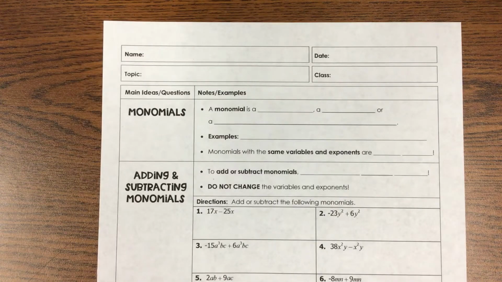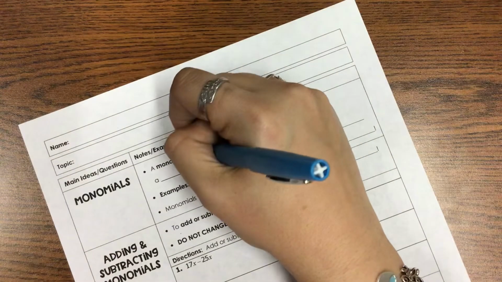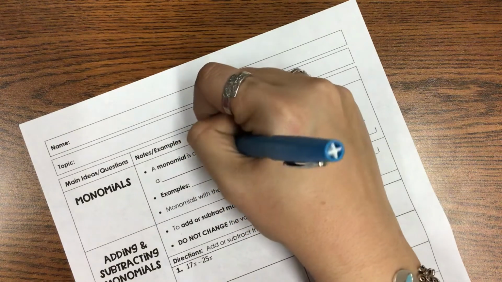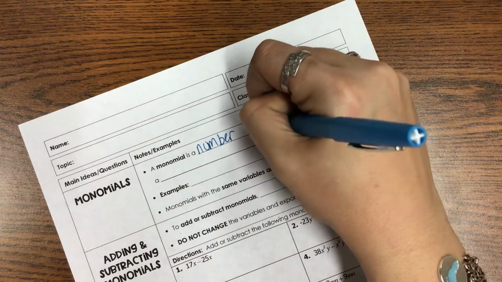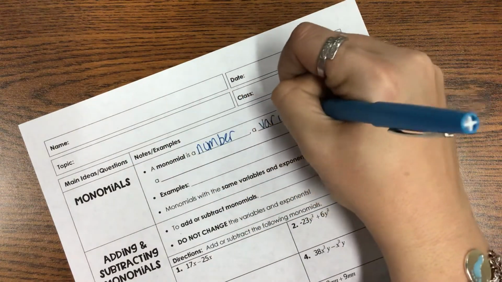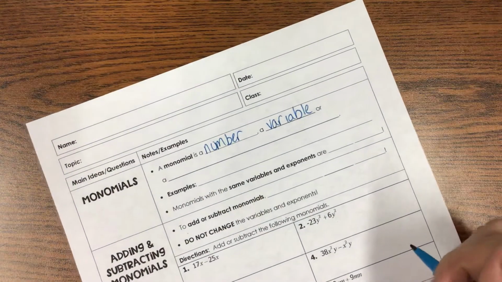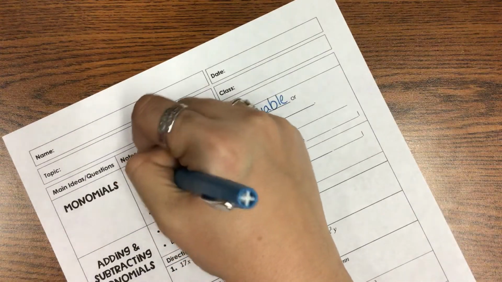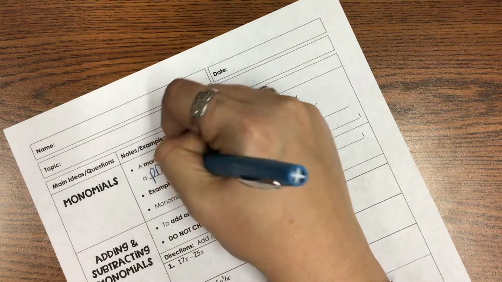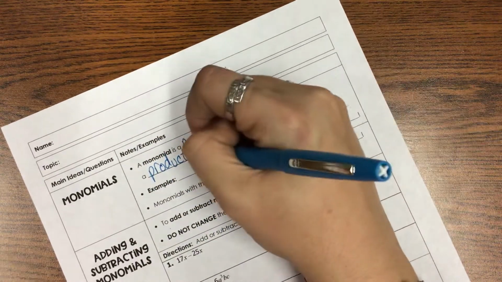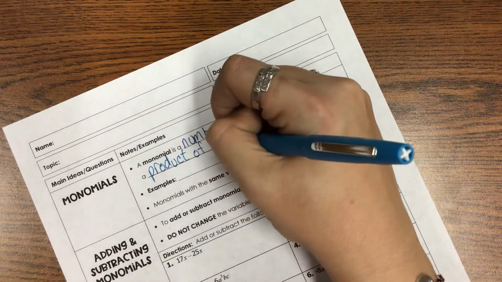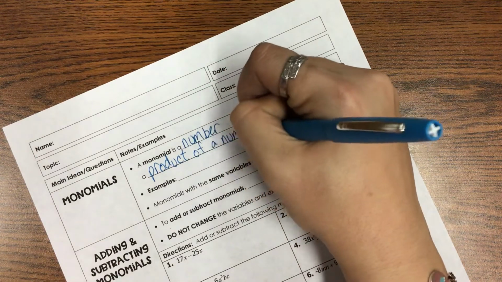So we're talking about monomials. A monomial is a number, a variable, or a product of a number and variables.